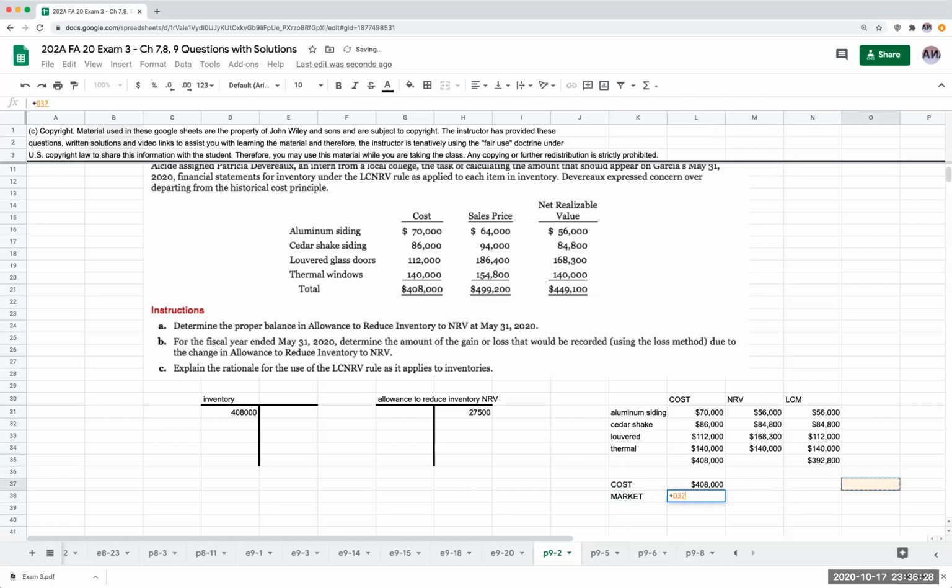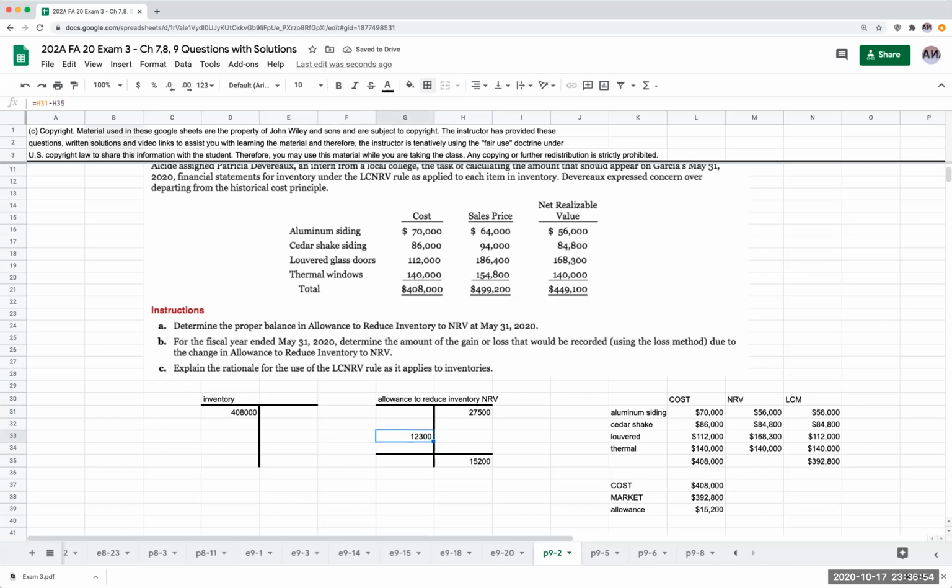If my market is 392, the allowance amount I need is going to be 15,200. So the ending balance of my allowance should be 15,200. And then my allowance is too much.